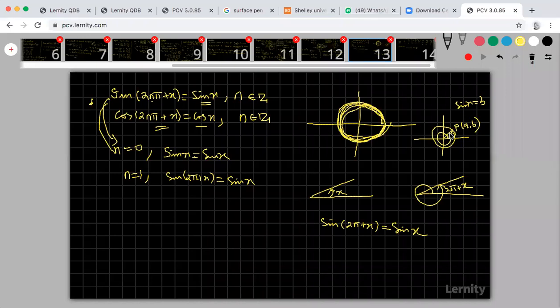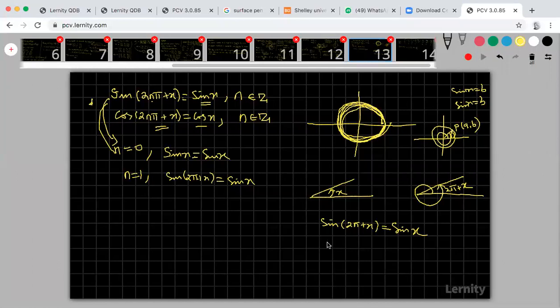Again my sin x is B only, because we make a right angle triangle and sin x is B only. So for every 2 pi radians, after completing one revolution, I will get the same value for the sine and cos functions, after 2 pi radians, after 360 degrees.